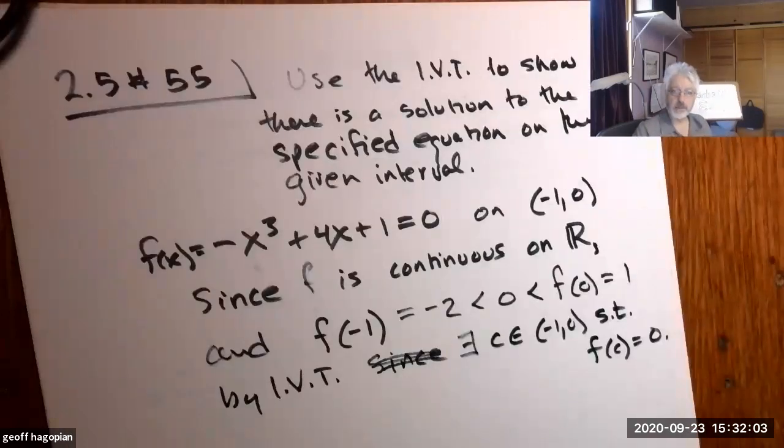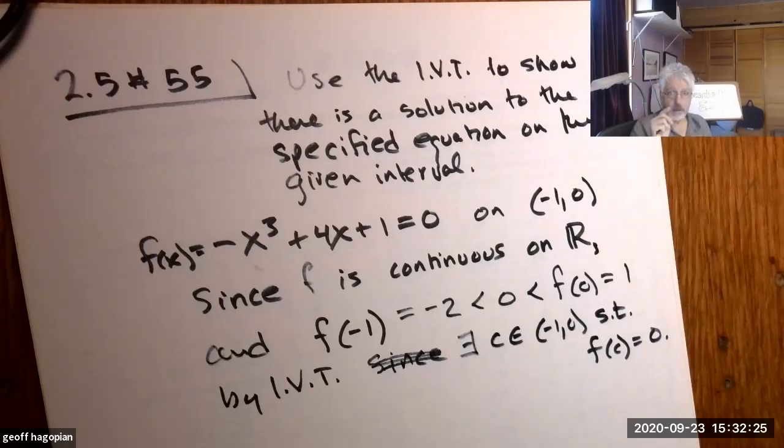So that seems pretty easy, but you do have to go through the process of establishing the premise, and it's a two-part premise, right? What are the two parts? One is the function is continuous on the closed interval, and this is continuous everywhere, so that was easy.